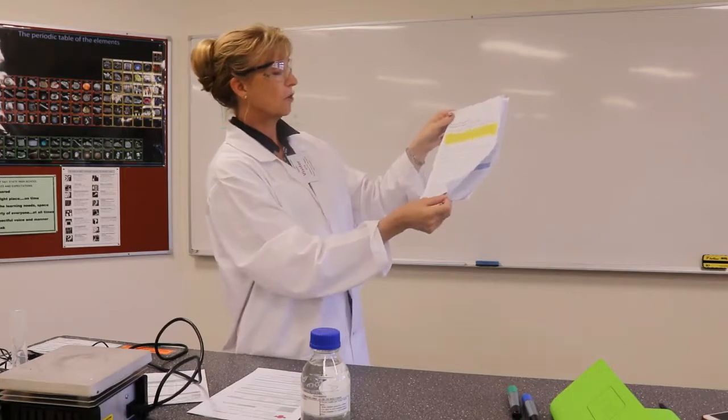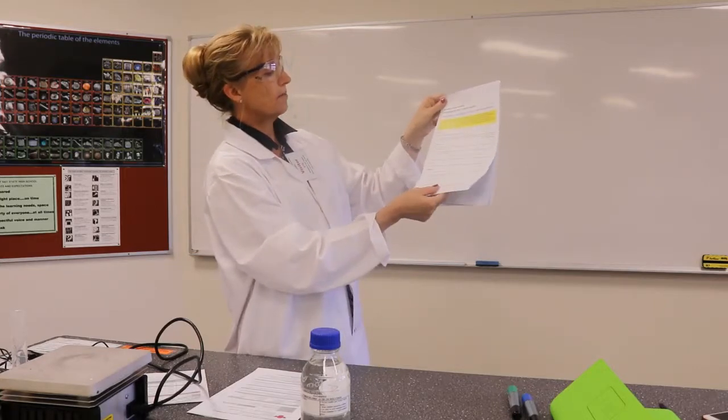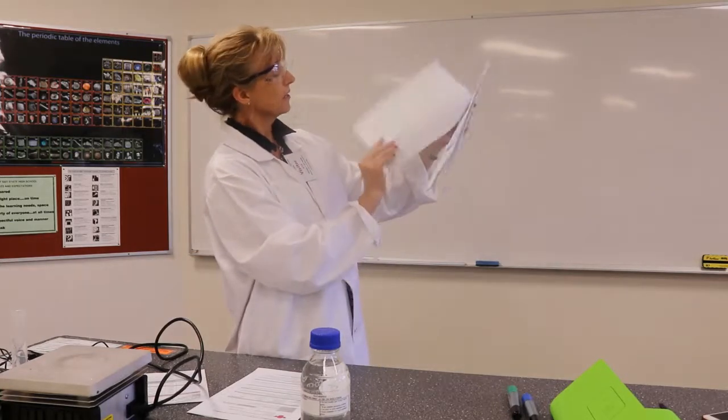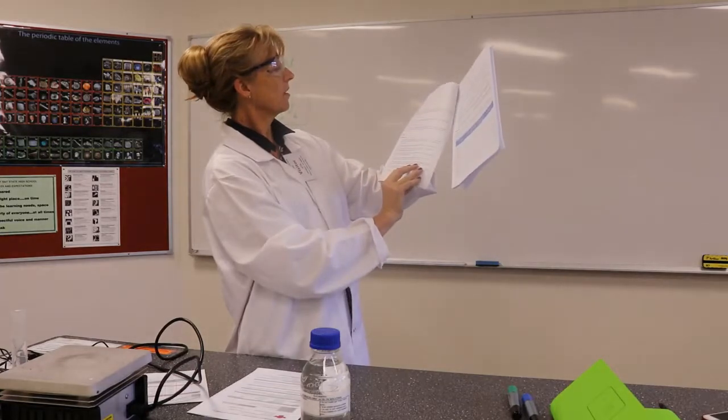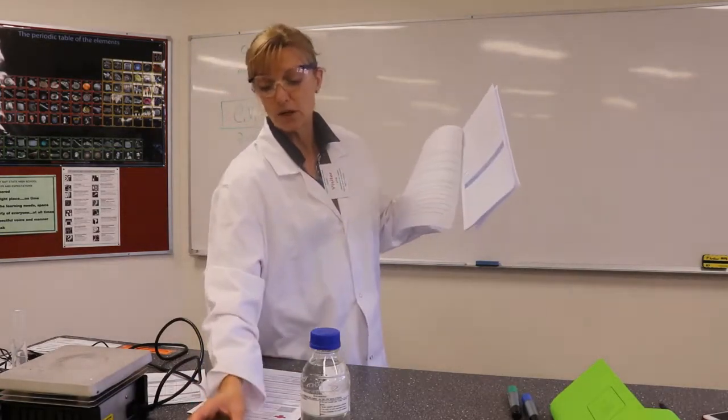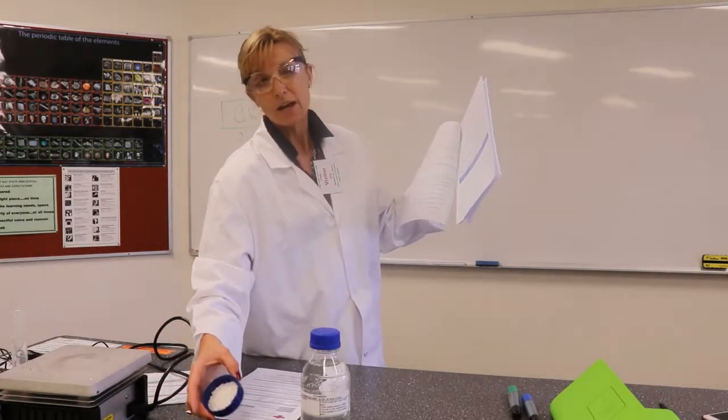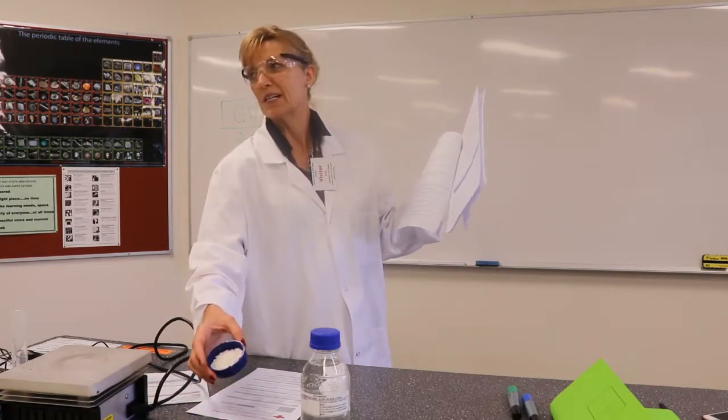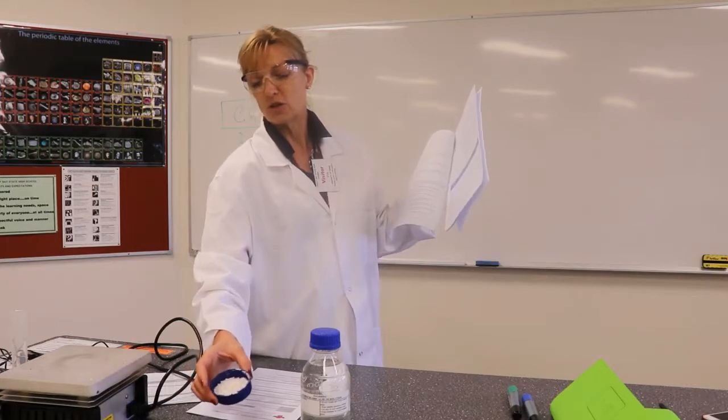So the first one that's on your prac is surface area. So you're going to see how surface area to volume ratio affects the rate, which you probably already know because you've done this many times probably in junior science.